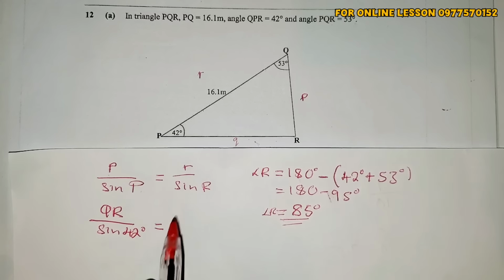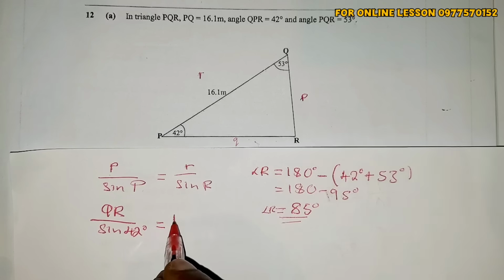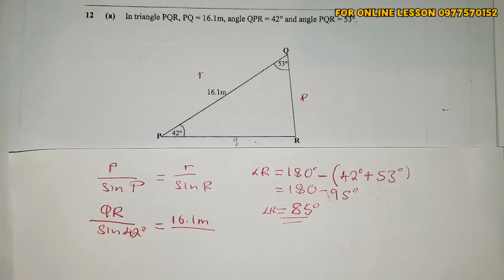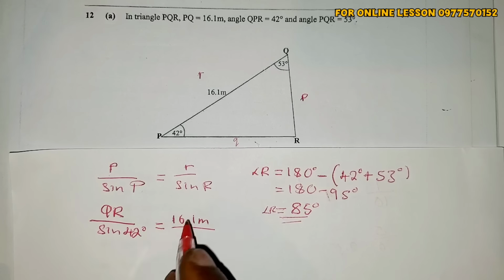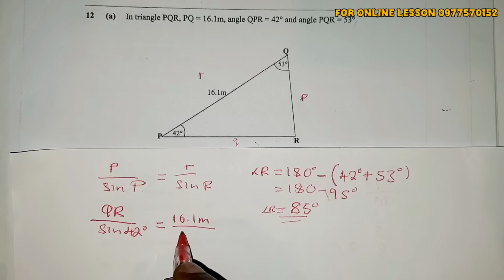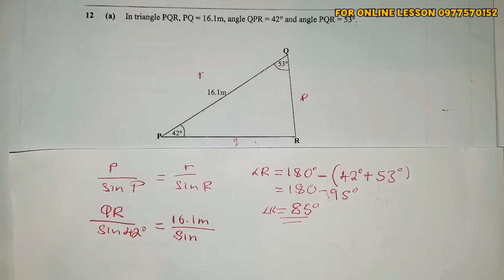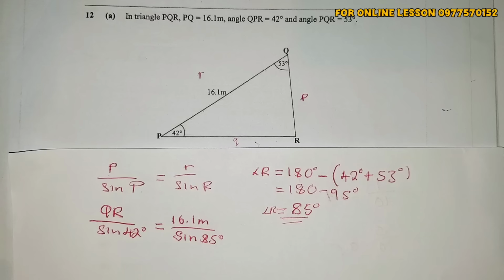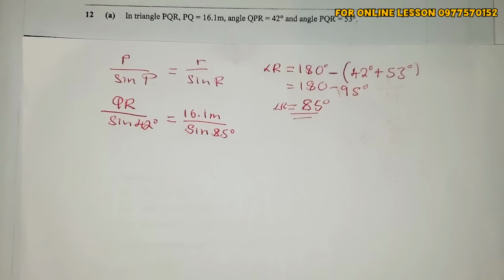Then it's equal to, what is small letter r? 16.1 meters over, what is the angle now? So don't just substitute 85. Remember to even write sine. So it will be sine 85 degrees.